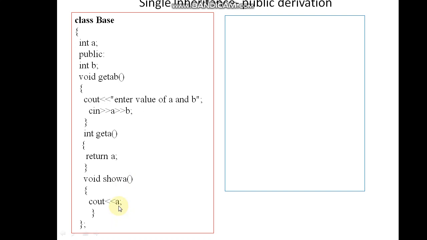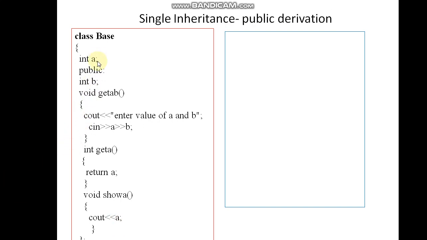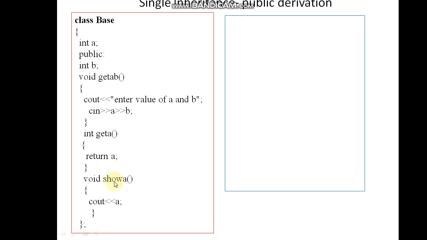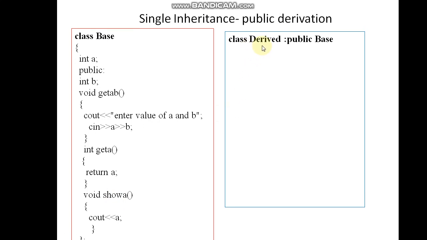So this is class base, where there are 5 members. A is a private member. Other 4 members are public members. B is a data member. getAB, getA, showA are member functions. These properties can be inherited into the derived class.